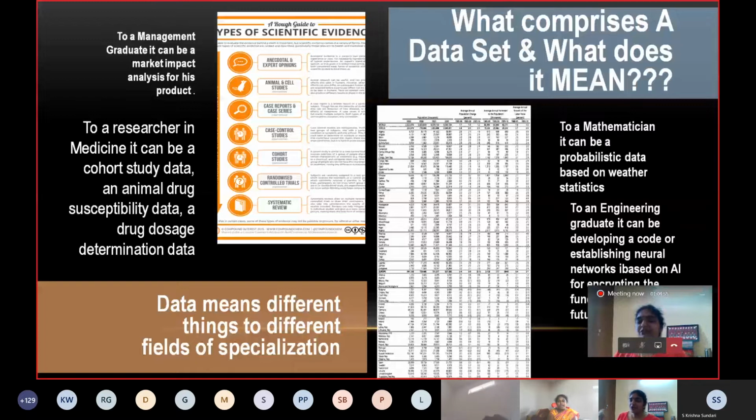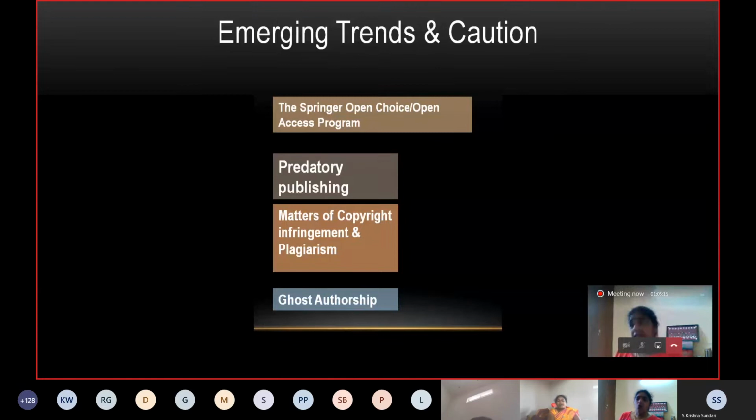So depending upon your domain, you have to be clear about the data representation which is appreciated in your particular area. So that is the important thing.